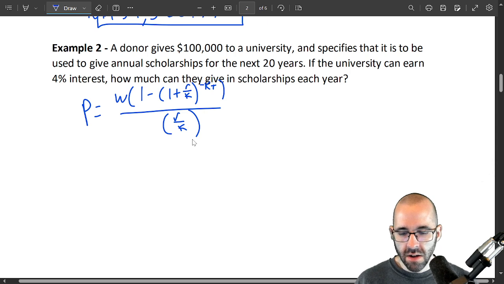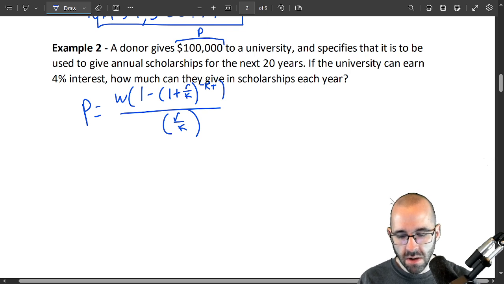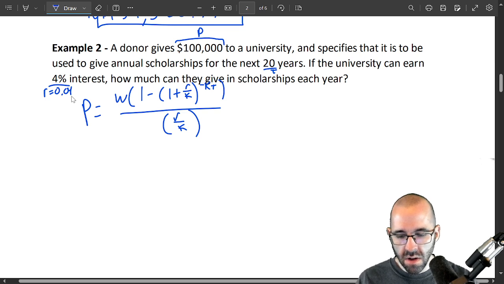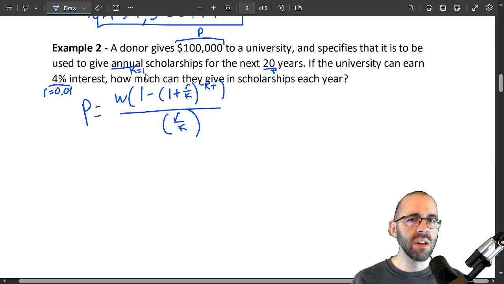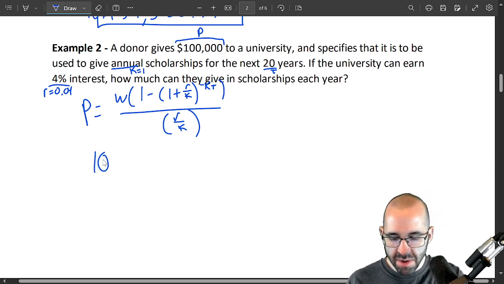So now the total, that P is up here again, just like we did before. 20, that's our T. Interest, our R is 0.04. Oh, annual scholarships. K is only equal to 1 here. Usually it's monthly for a lot of these applications. But now it's annual, so K is just equal to 1. Let's see what everything becomes.